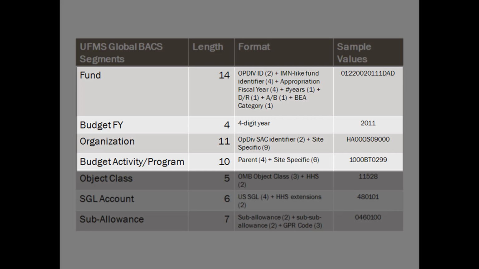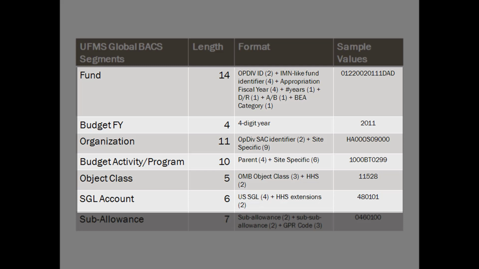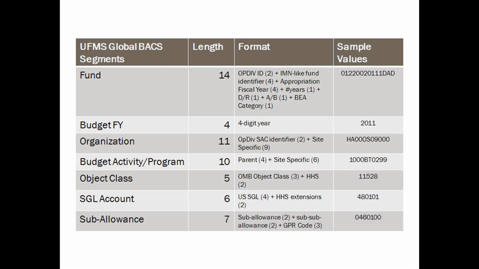The obligation needs to add the object class. The object class is the statutory requirement to identify the type of obligation being made. Is it for pay? Is it a grant? And so forth. The accounting event here, identified by the SGL account, is the obligation of funds.